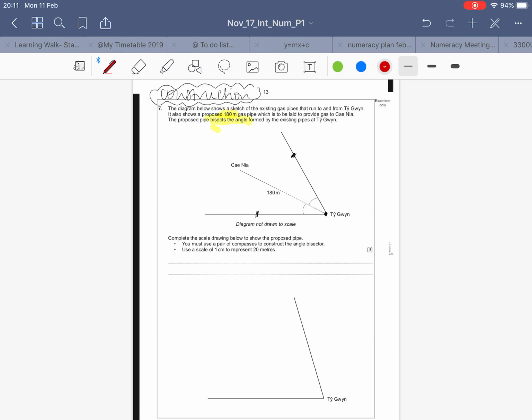So stage 2, spike the compass here on top of the red dot and allow it to swing out and draw an arc in the middle of the field where the pipe's going to go. Spike into the other dot, swing out and put an arc also in the field where the pipe's going to go.